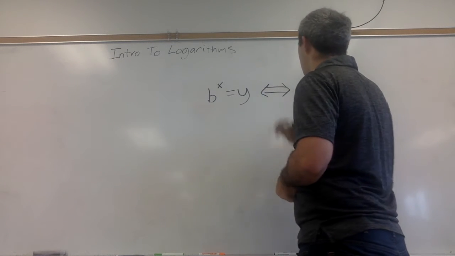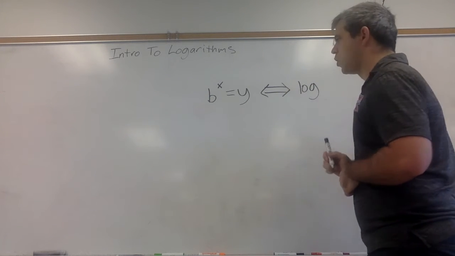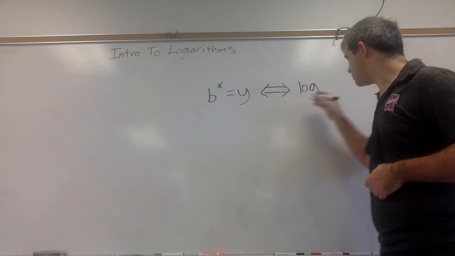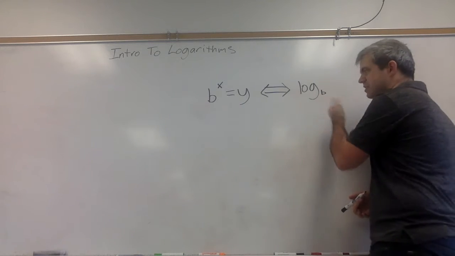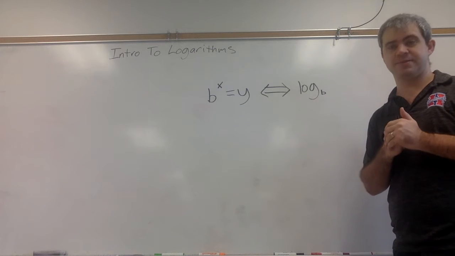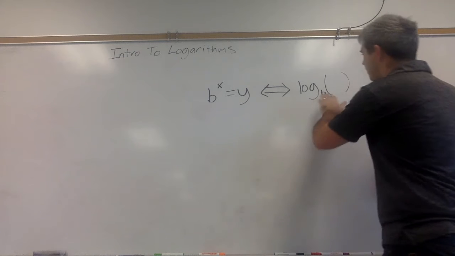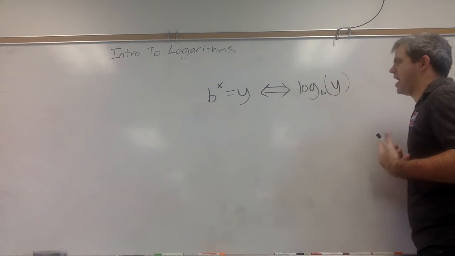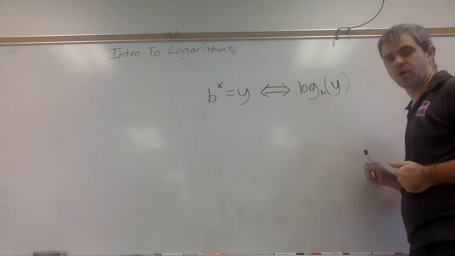This is equivalent to a logarithm with the same base as we had over here. So my base is b, so that's also going to be the base of my logarithm. When I talk about the base of my logarithm and the base of my exponential, they're the same base, okay? But the inside of a logarithm holds the result if I exponentiate b to a certain power.